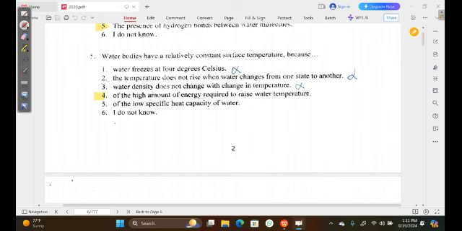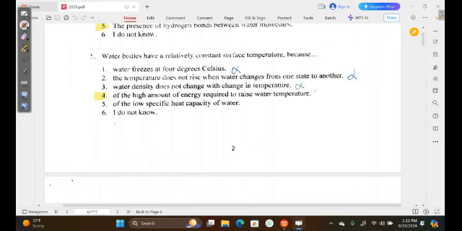Then option 4 is saying the high amount of energy required to raise water temperature. Yes, this is actually very true because water remains liquid in water bodies. It has that liquid state because of the constant temperature, meaning that the temperature doesn't change to, let's say, 0 degrees Celsius, where this water will now freeze, or maybe 100 degrees Celsius, the boiling point, where this water will start evaporating.